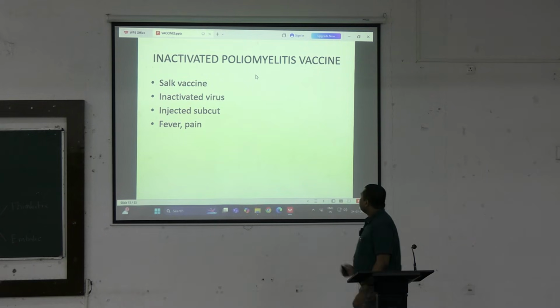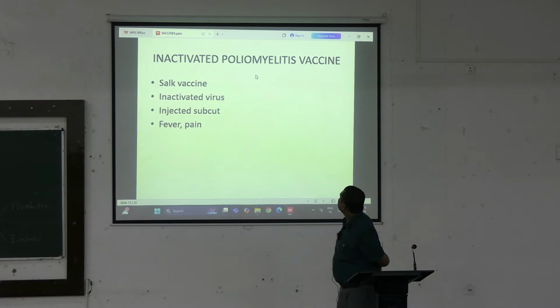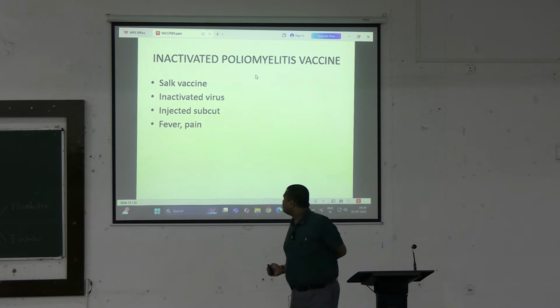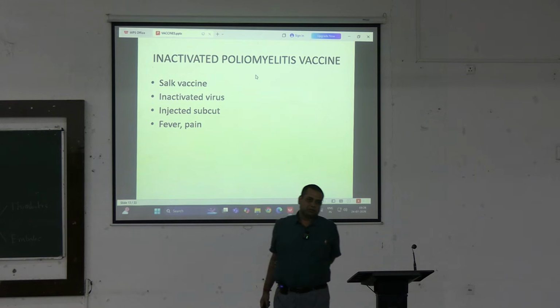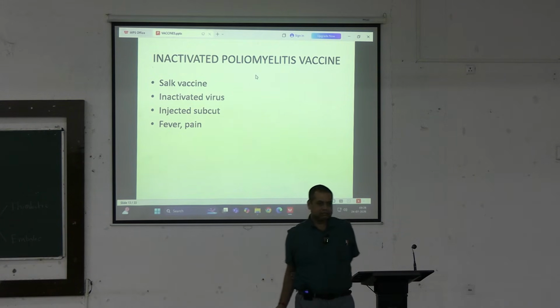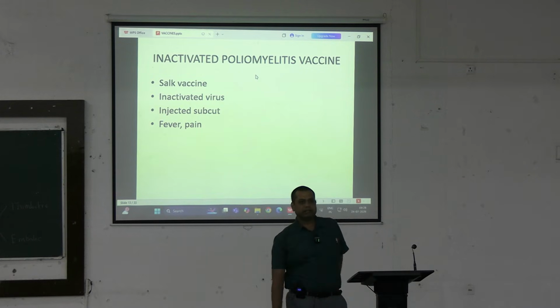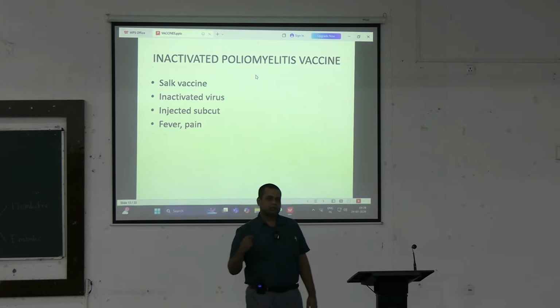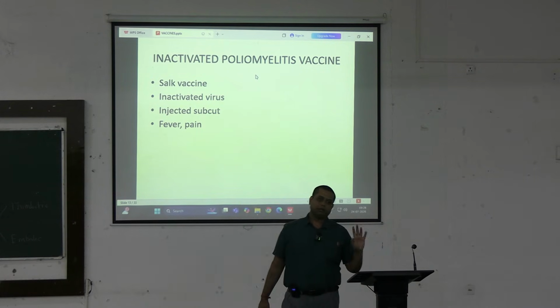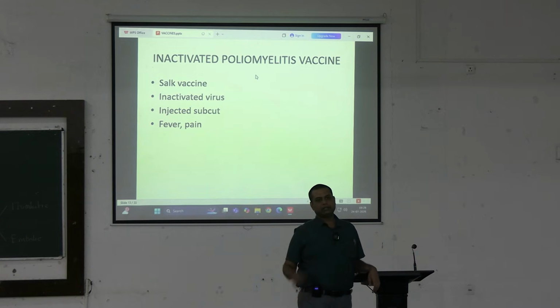So, inactivated poliomyelitis vaccine. Basically it's an inactivated virus, given parenterally. The earlier one was given orally, this one is given parenterally.